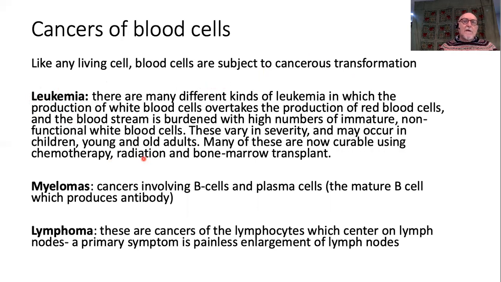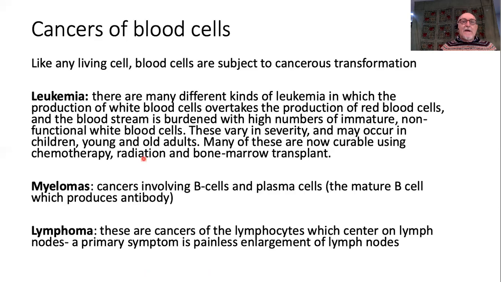But in all of the leukemias, the production of white blood cells, of leukocytes, overtakes the production of red blood corpuscles. And it's observed in a blood slide, for example, you start to see many, many immature, non-functional white blood cells appearing in the blood circulation.